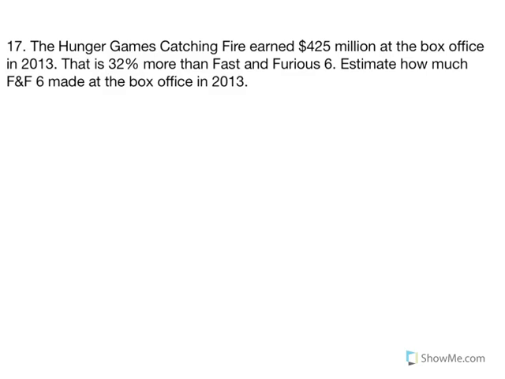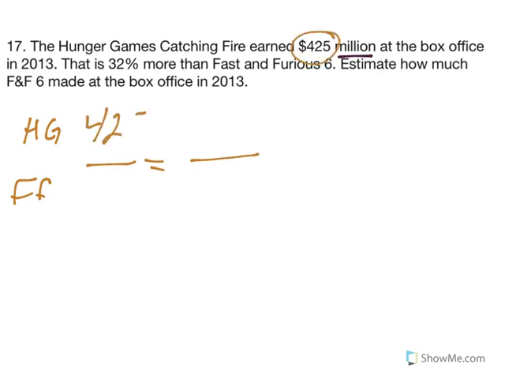17. The Hunger Games: Catching Fire earned $425 million at the box office. That is 32% more than Fast and Furious 6. Estimate how much Fast and Furious 6 made at the box office in 2013. Now, I'm going to kind of ignore million for right now and just know that my answer for Fast and the Furious is also going to be in the millions. So, I'm talking about the Hunger Games compared to the Fast and the Furious. So we know that the Hunger Games earned $425 million, and we are checking out how much the Fast and the Furious made.